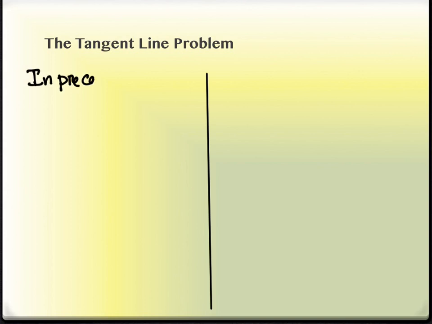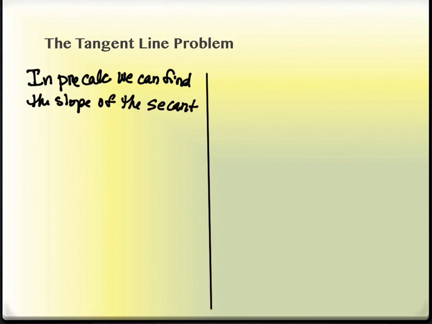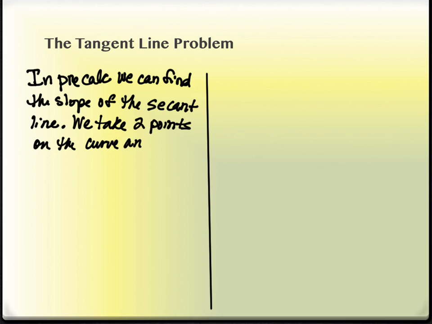So in pre-calc, we can find the slope of the secant line, and the way that we do this is we take 2 points on the curve and calculate the slope between them.